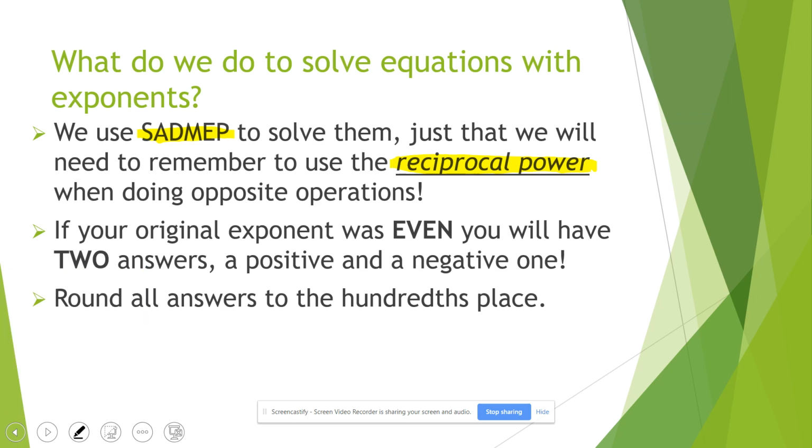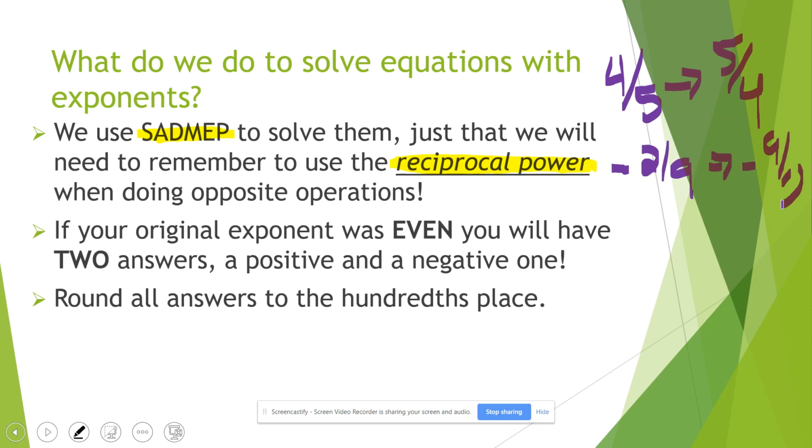Remember, reciprocals are taking your fractions and flipping it. So if I had 4/5, the reciprocal is 5/4. If I had negative 2/9, that reciprocal would be negative 9/2.